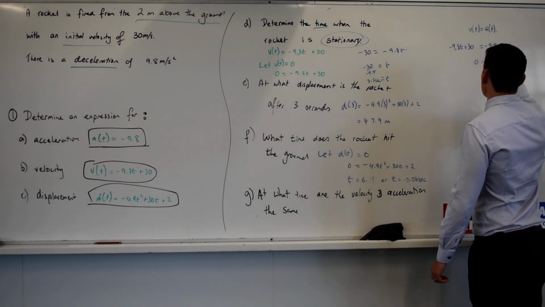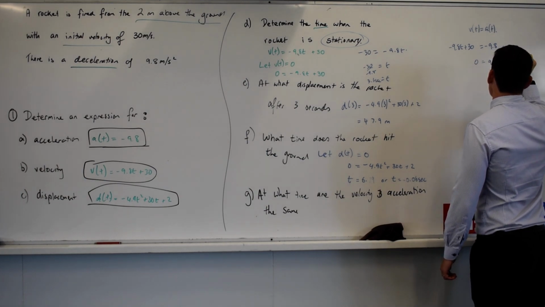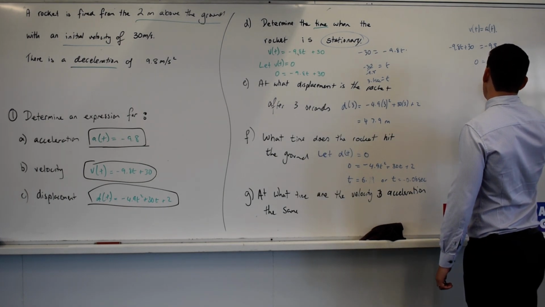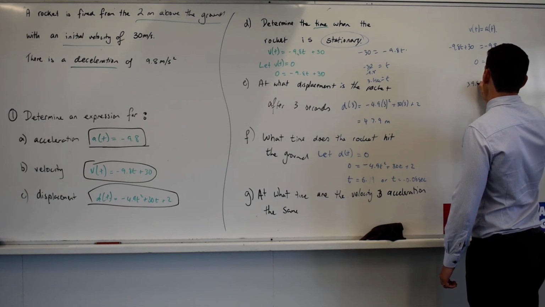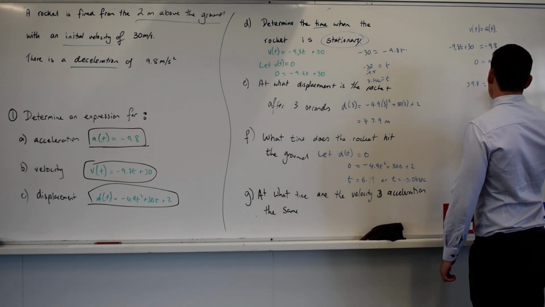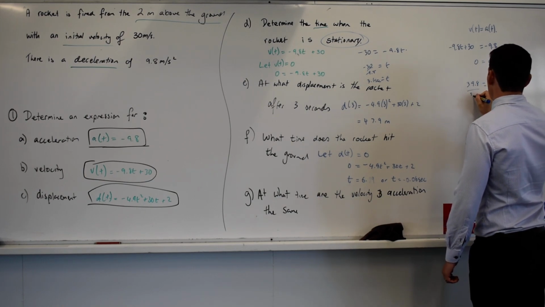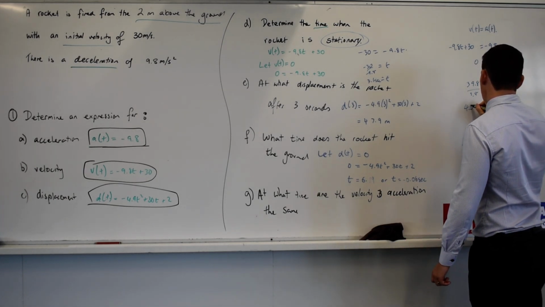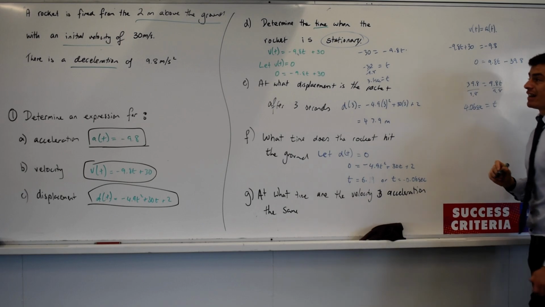So I get 0 equals 9.8t minus 39.8, correct? Then plus 39.8 to both sides, divide by 9.8, and I'd be left with t equals 4.06 seconds.